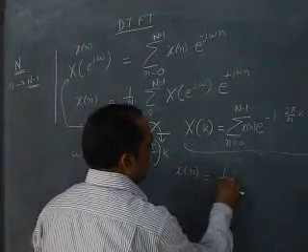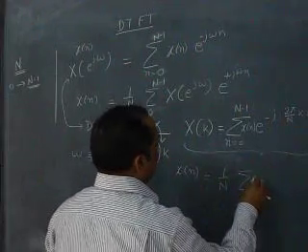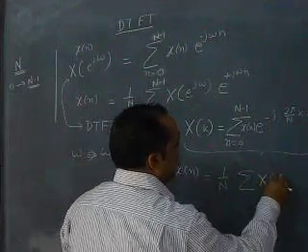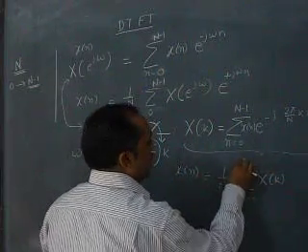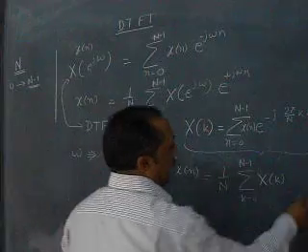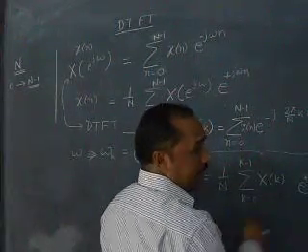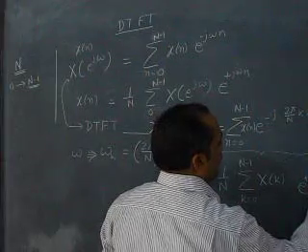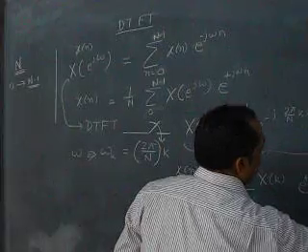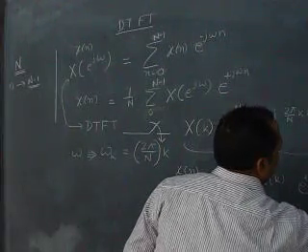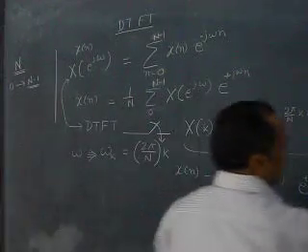This will be reconstructed in this manner, that is 1 by N summation of X of k, where the limit of k will be 0 to N minus 1, and then e to the power, it will become plus j 2 pi by N multiplied by kn, and here n is 0 to N minus 1. This is the IDFT.